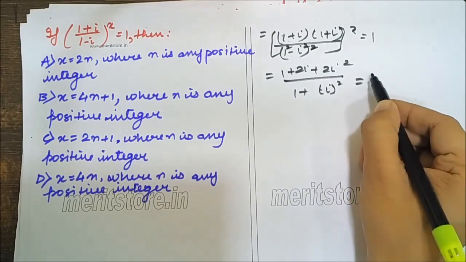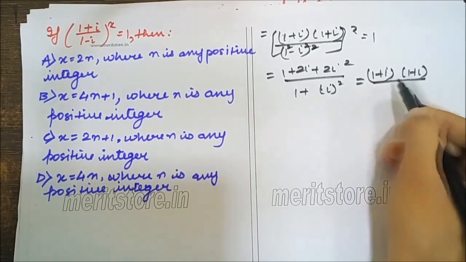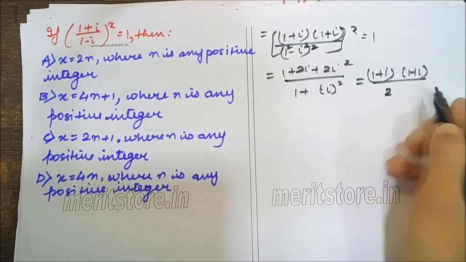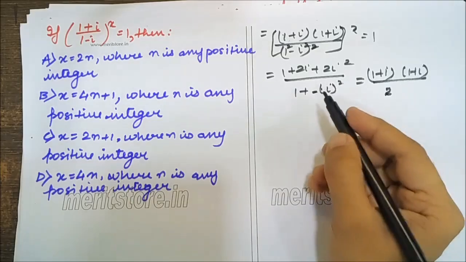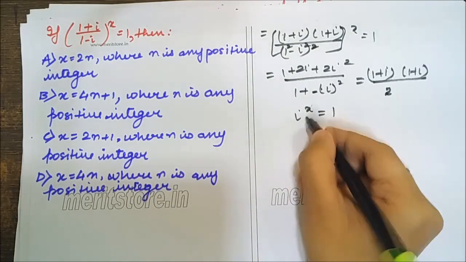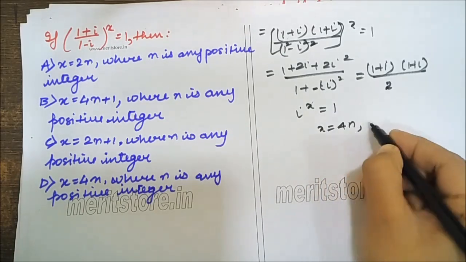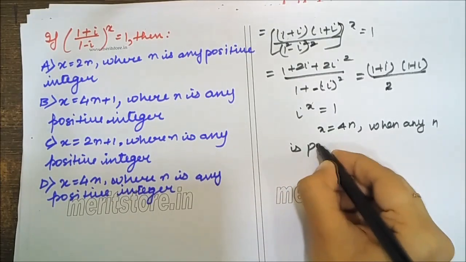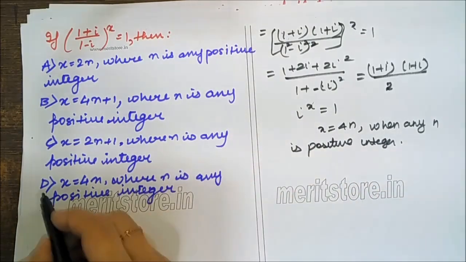So what you get here is (1 plus i) upon 2. After that, i raised to x will be equal to 1 irrespective of the power. So x is equal to 4n when any of your n is a positive integer. So the answer is D.